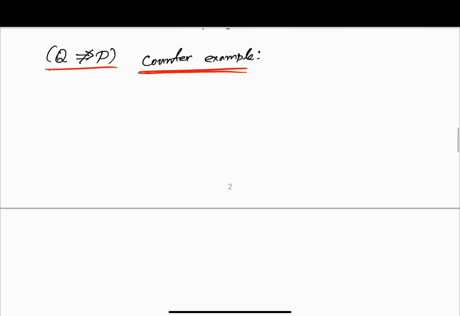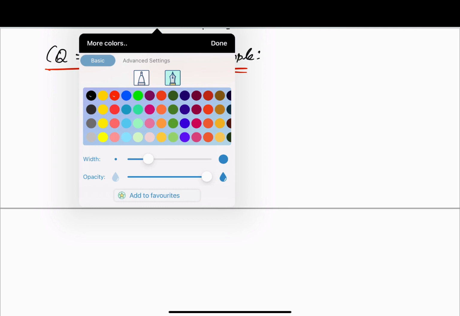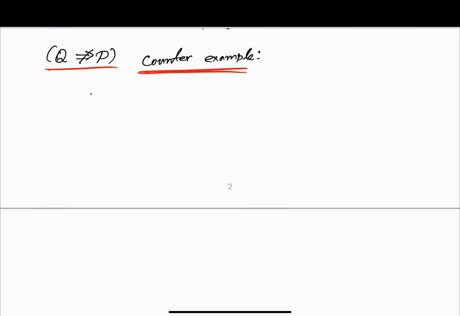So what will be the counter example? Take R to be the ring Z, J1 to be 2Z and J2 to be 3Z, right? Then this is the map, Z goes to Z mod 2Z cross Z mod 3Z.